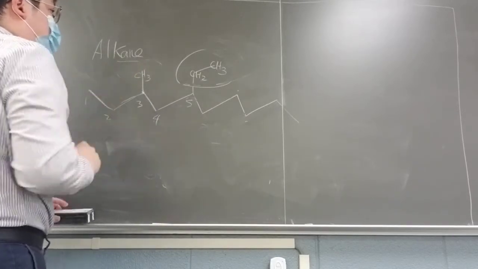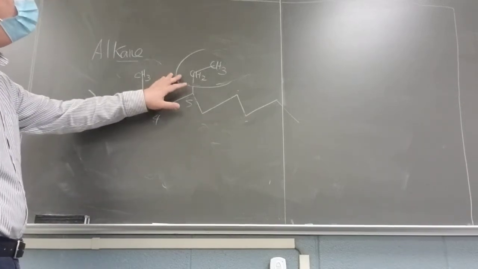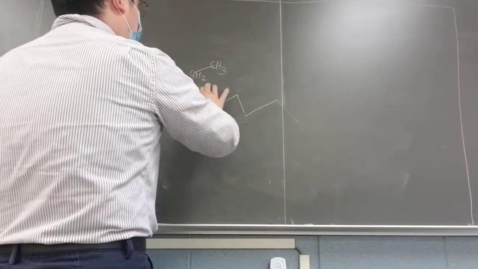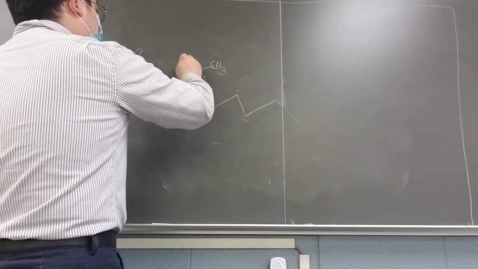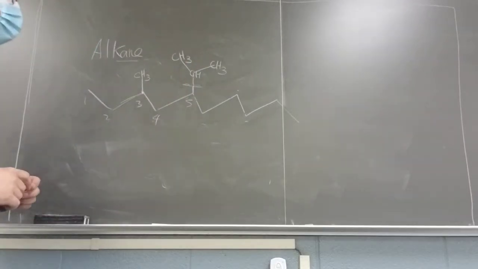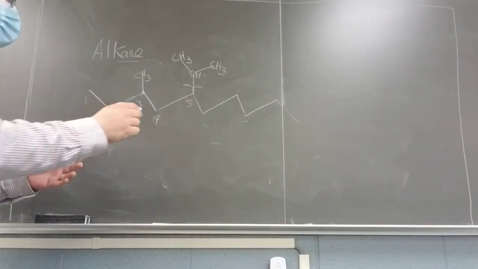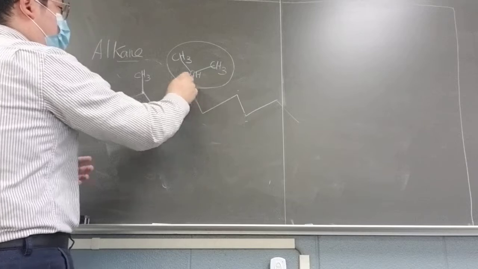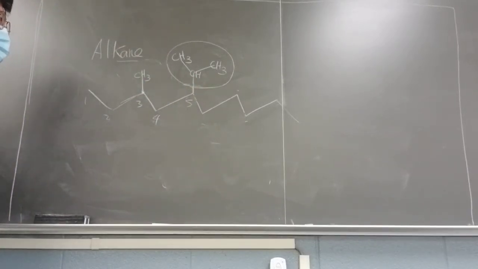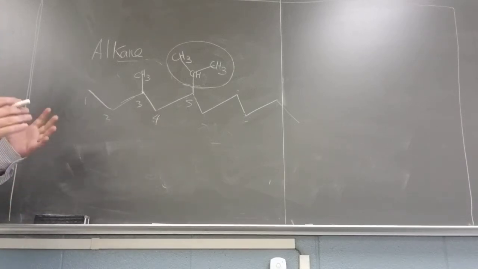Okay, so if that is the case, how about we have some groups over here? How about we have groups like a branch, like an alkyl group over here? Instead of linear, we have an alkyl group here. So in this case, it's a bit more complicated, but it's still the same work.